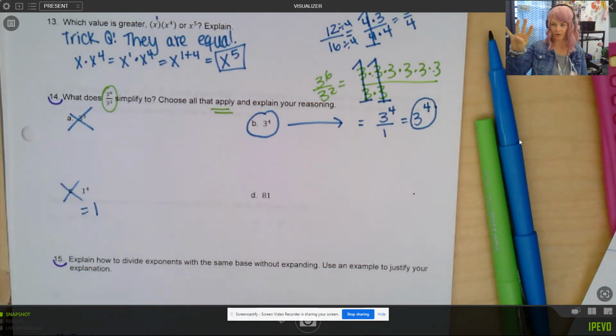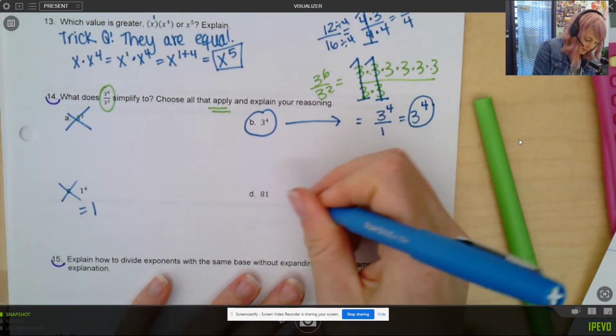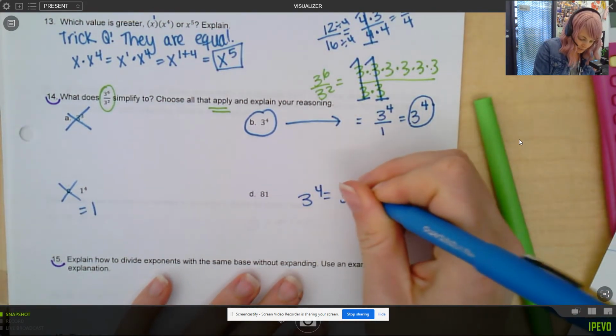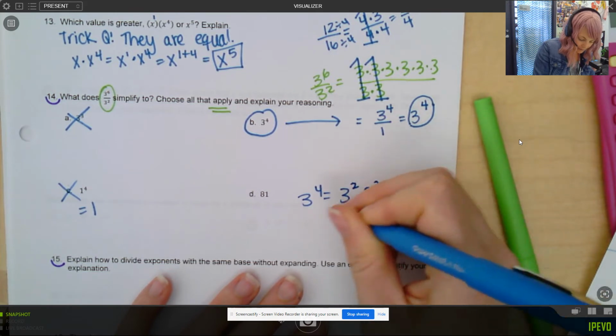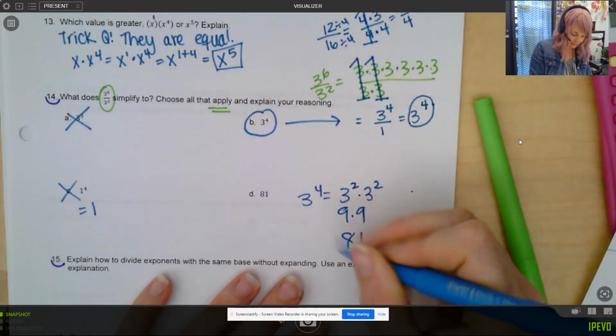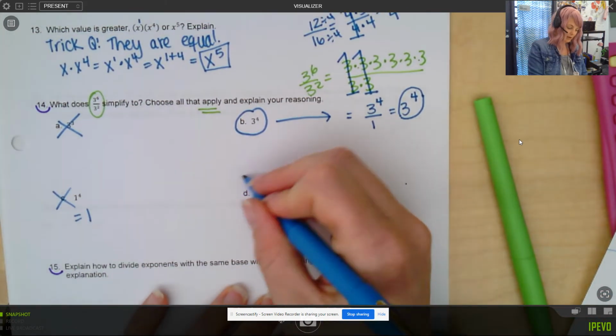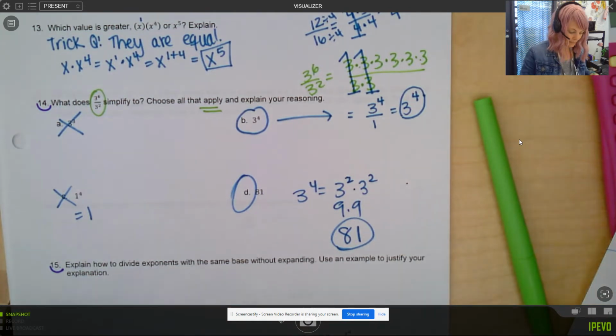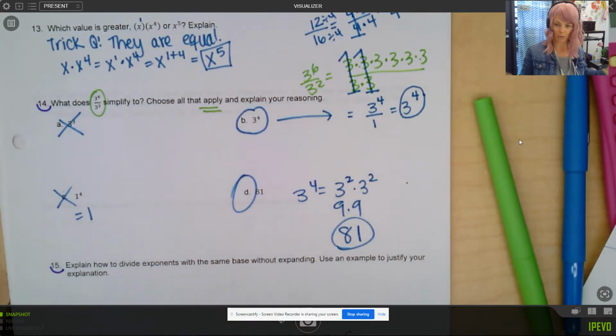So 3 to the fourth, you're going to take 3 to the second times 3 to the second, and it gets 3 to the fourth. So 3 to the second is 9, 3 to the second is 9, so 3 to the fourth, 9 times 9 is 81. So we can think 3 to the fourth is 3 to the second times 3 to the second, 9 times 9, which is 81. So we're going to also select D. So that's kind of explaining our reasoning here.